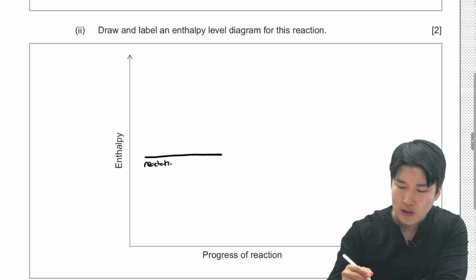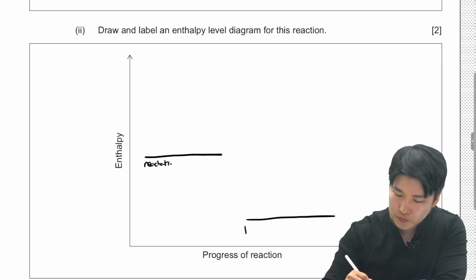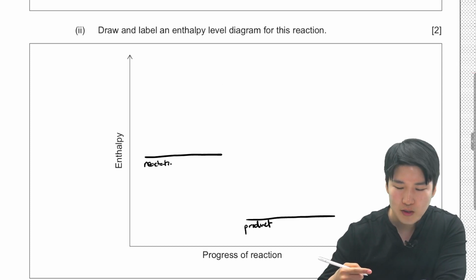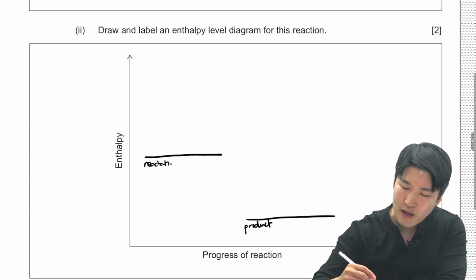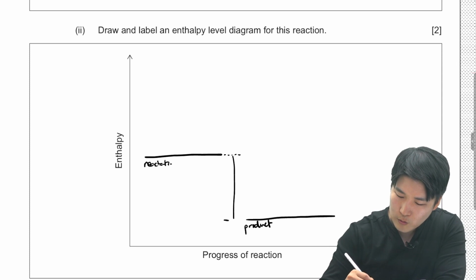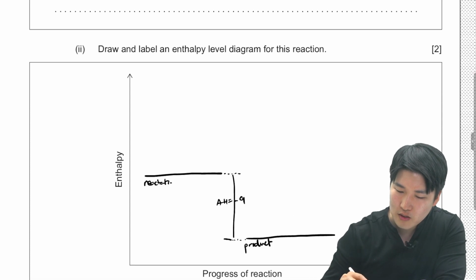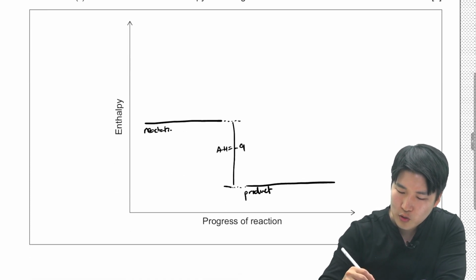Methane and chlorine. And we will have also the products, which is what? Chloromethane and hydrogen chloride. We will have delta H value that corresponds to the value we have calculated as minus 99 kilojoules.